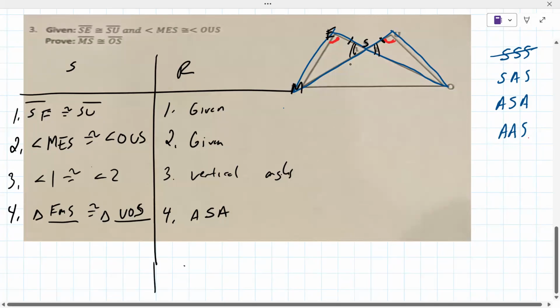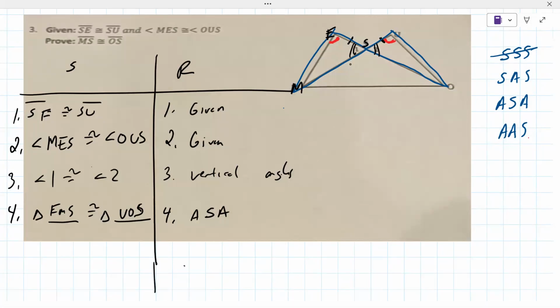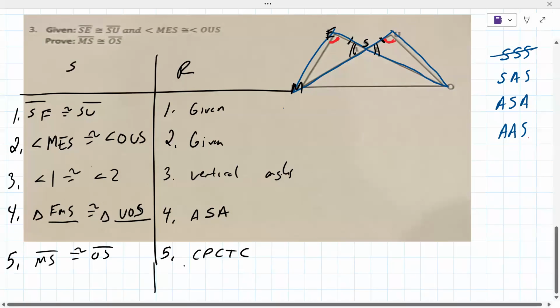So since the triangles are congruent, that's the big deal here. You can then say anything else you want about the triangles that are congruent, sides, angles, anything like that. So MS is definitely congruent to OS by CPCTC. Referring to your dad's question or thought, you should be able to write that for sure.